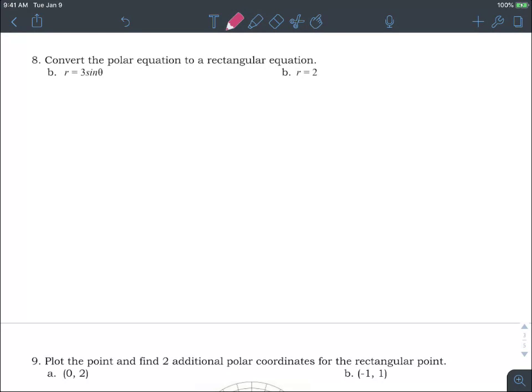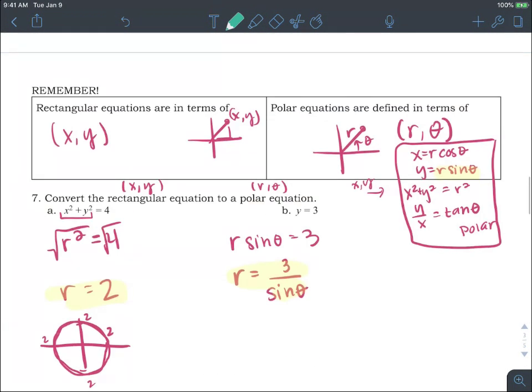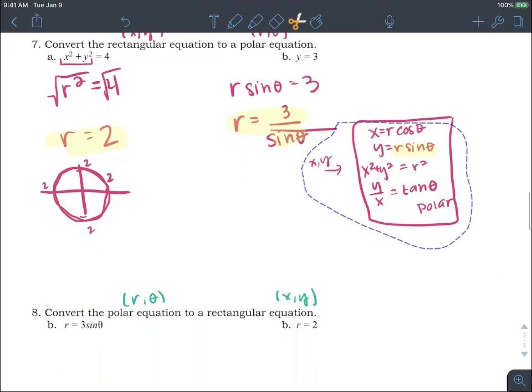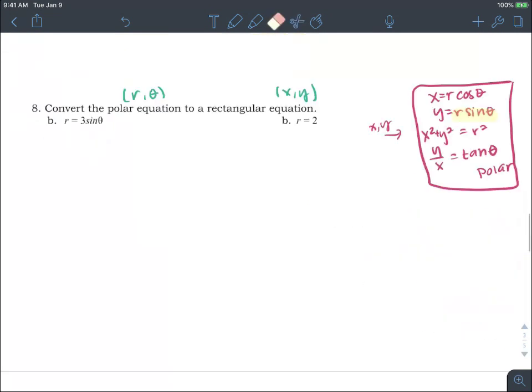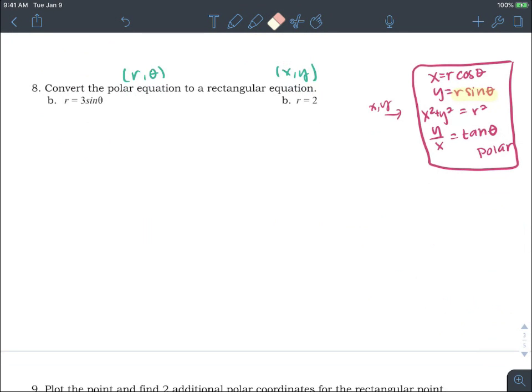Next, we're going to convert from polars, so in terms of r and theta, to in terms of x and y. So I have r is equal to 3 sine theta, and I have an issue because none of those look like my little bank here. So I'm going to have to manipulate our equation a little bit.